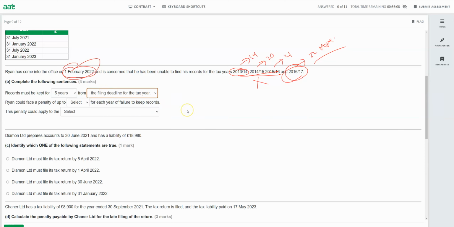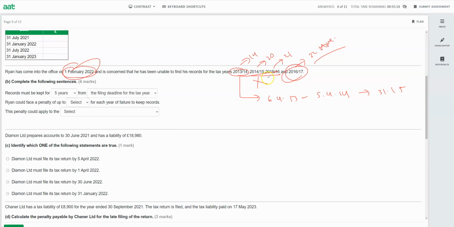For example, our tax year for 13-14 is 6th of April 13 to 5th of April 14, and my filing deadline is 31st of January 15.